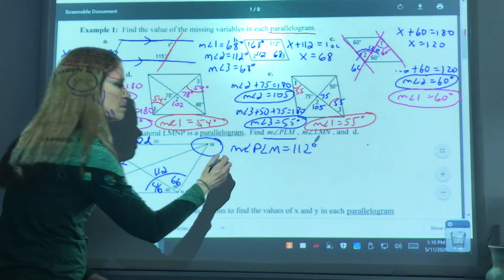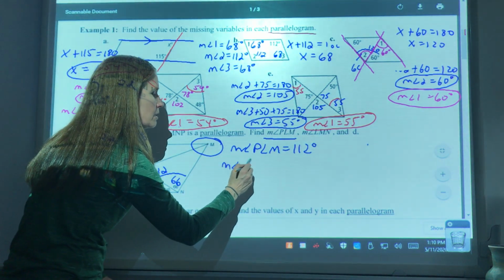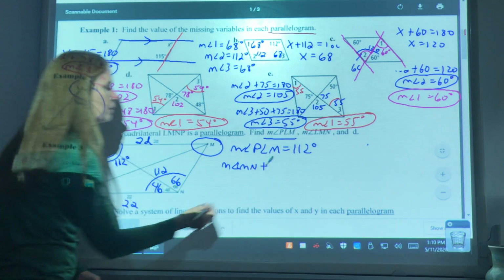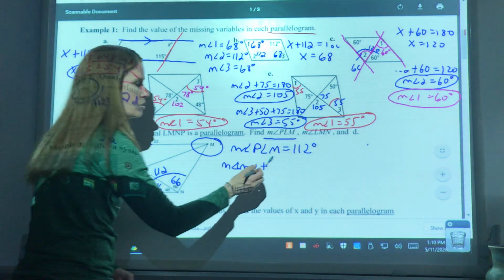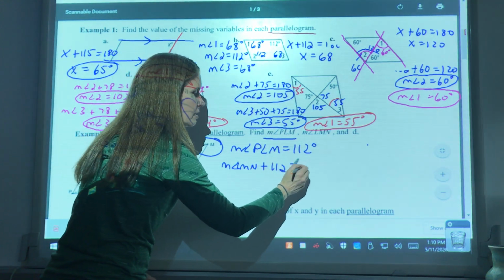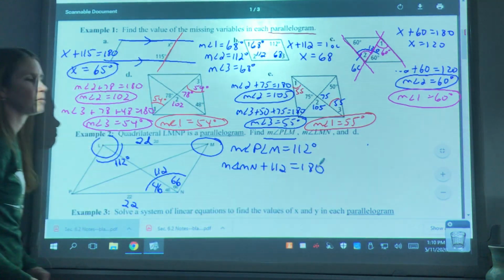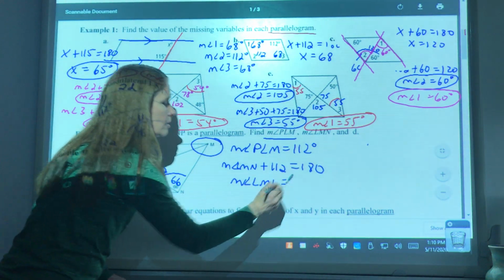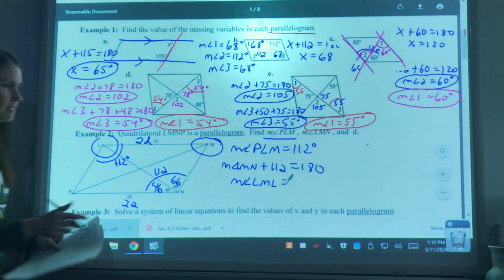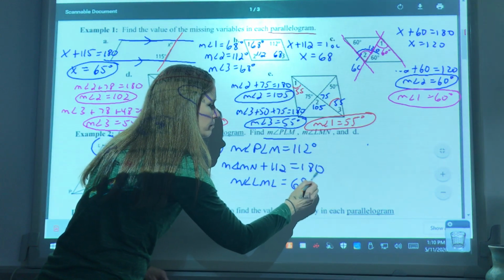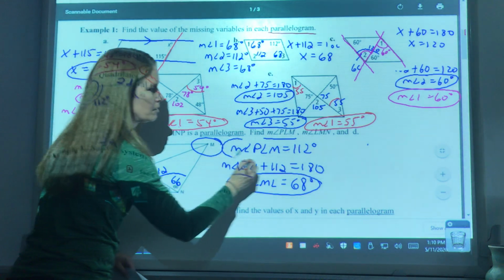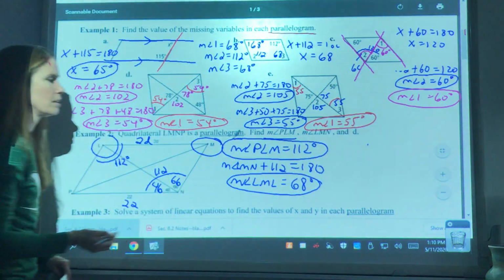So I can say the measure of angle LMN that I'm trying to find, plus this angle that I just found, must equal 180. And if I solve, then I end up getting 68 there. Okay, so that's one answer.